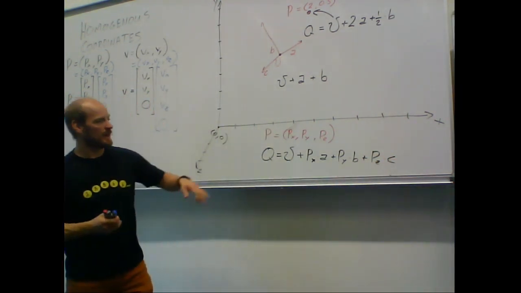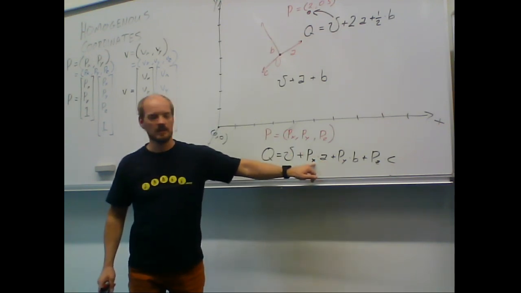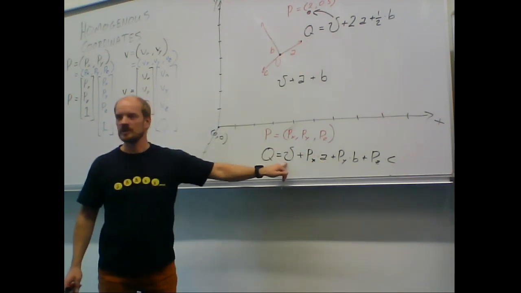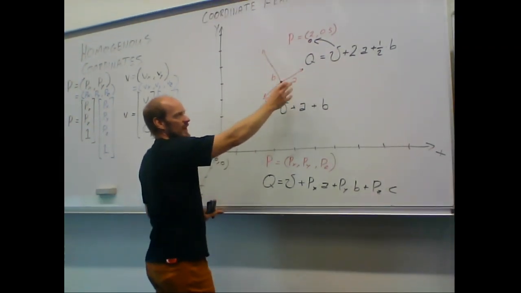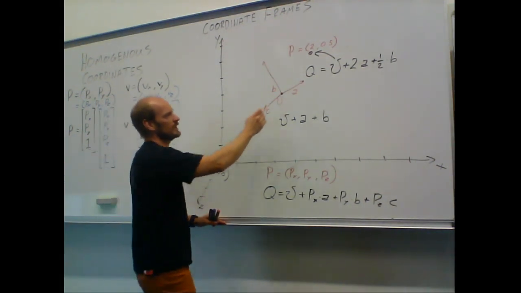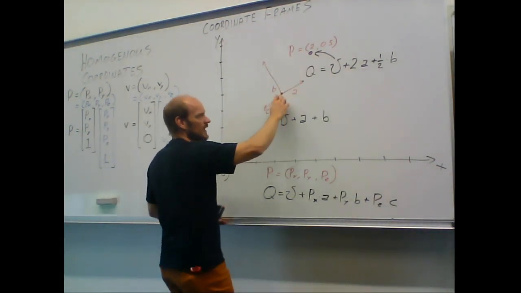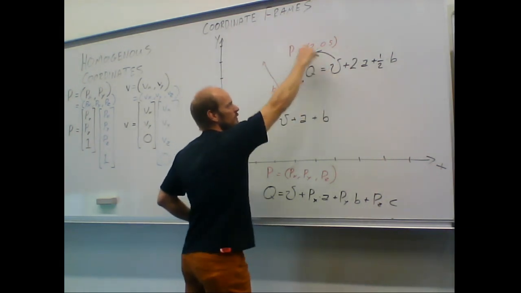So I basically say I'm going to scale the vector a by the x-coordinate, and then add that to the point of origin. I start at the point of origin and ask how many vectors a am I going to go, that is, what is my x-coordinate, my first coordinate. If that's 2, as in this case, I count 1 vector a, 2 vectors a. So I'm moving within this coordinate frame.